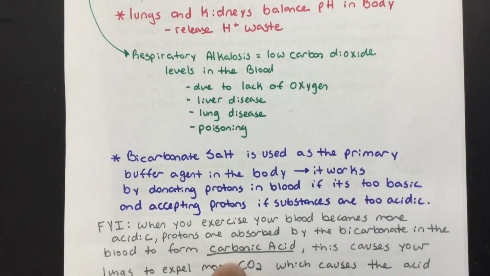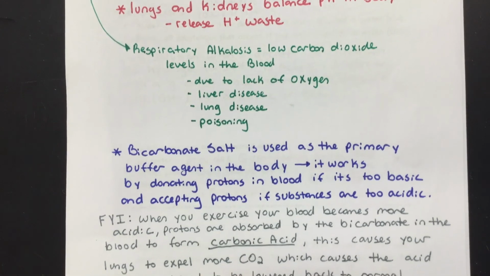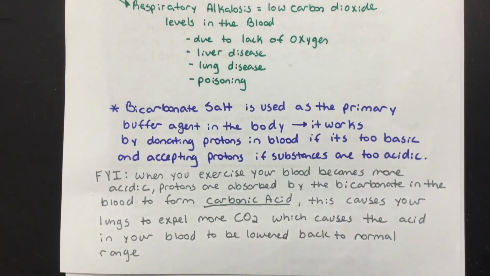One of our primary buffers within the body is bicarbonate salt. It works by donating protons in the blood if it's too basic, and accepting protons if the substances are too acidic. A little FYI for you: when you're exercising, your blood becomes more acidic. Carbon dioxide, you're breathing heavier. The protons are absorbed by the bicarbonate in your blood to form carbonic acid.